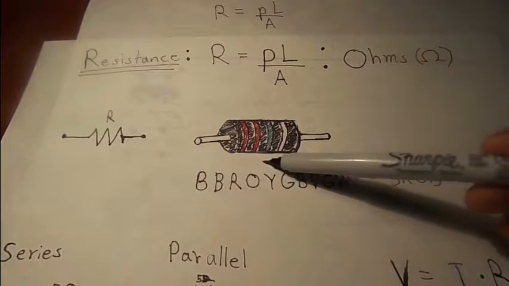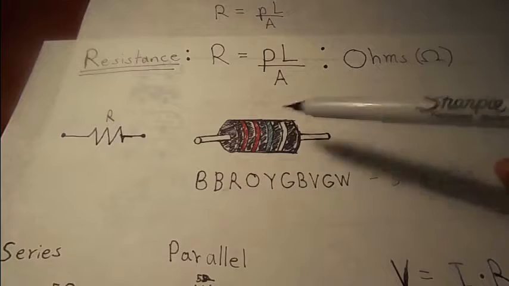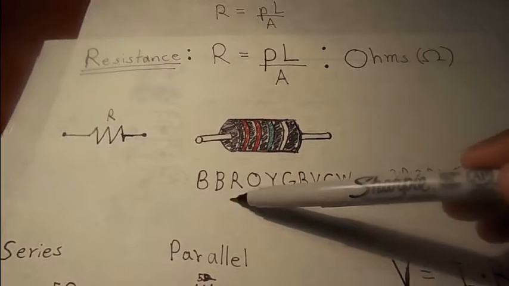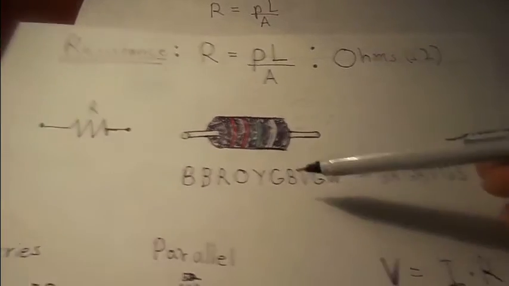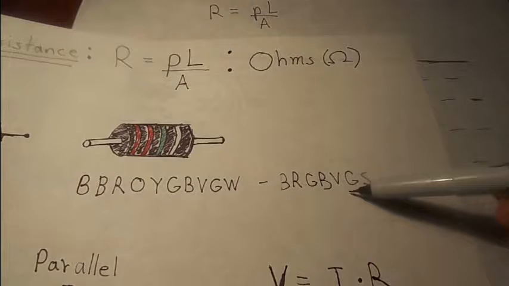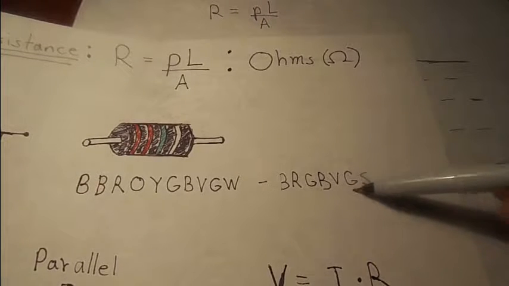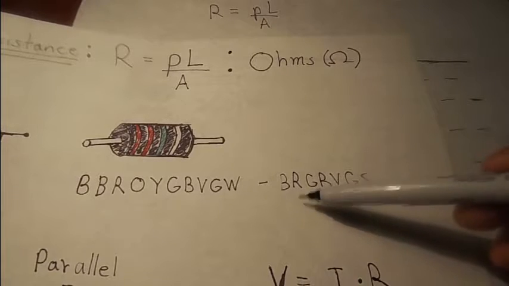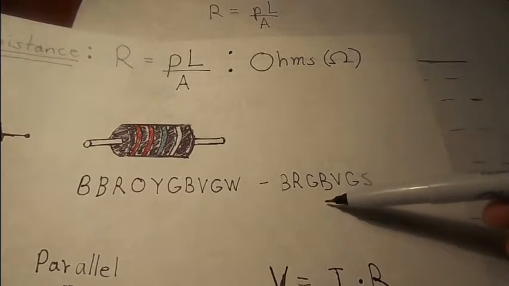These are for the first 3 stripes if you have a 4-stripe one, and the colors go from 0 continuing. And for tolerances, most of the ones I've seen are either gold or silver, but they also come in brown, red, green, blue, and violet.